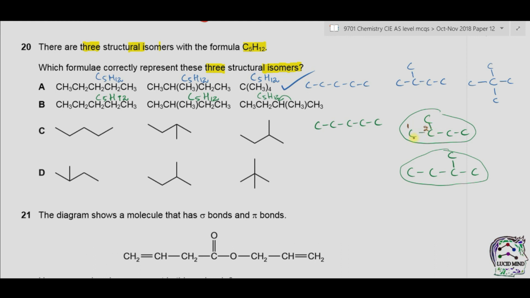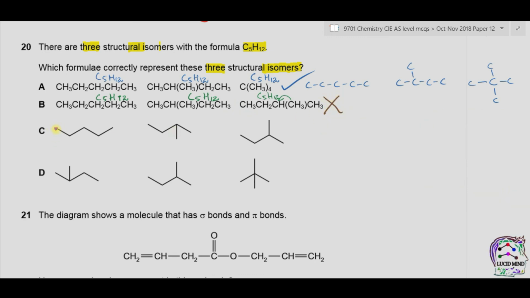So this is 2-methyl-butane. And in this compound we are going to start numbering from this carbon as the substituent has the least number. So again this is 2-methyl-butane. So as these two compounds are similar, they are not structural isomers.